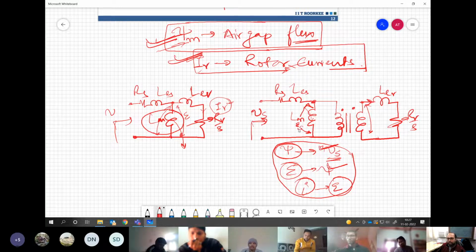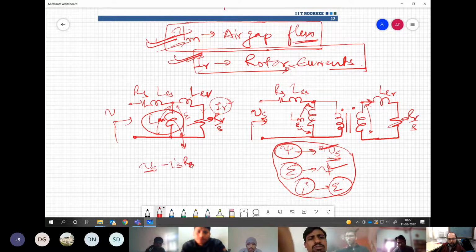Let's say I call this ES. So what is basically ES? If you apply KVL over here, it will be VS minus ISRS minus L dis by dt equal to ES, and all I am drawing in vector form.